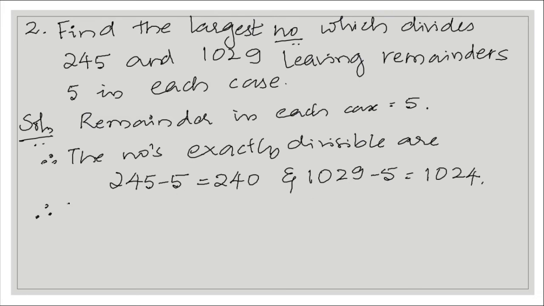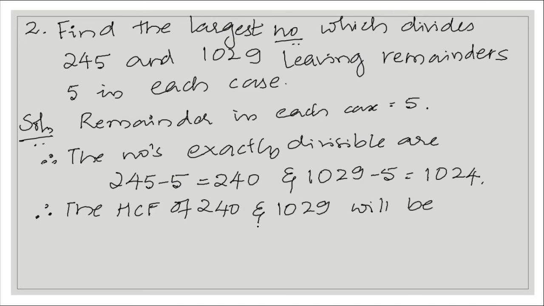Therefore, the highest common factor of 240 and 1024 will be the required larger number. So what we need to do now is find the highest common factor of 240 and 1024. I made a mistake here.